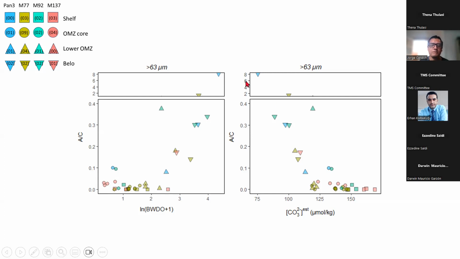So maybe this needs more exploration. We have an indicator of ventilation during this period. A deep ventilation during the extreme El Nino event that wasn't indicated either by sampling or by modeling of the area.